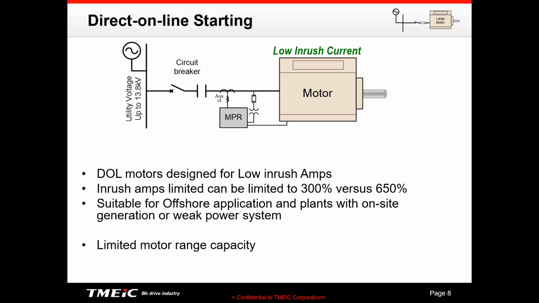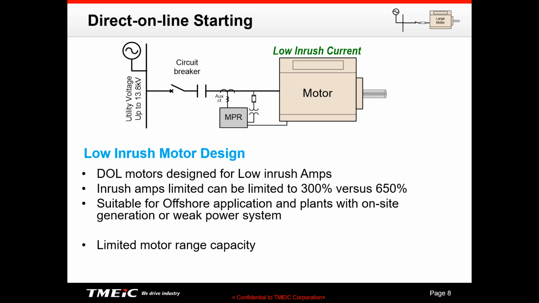Okay, so we talked about the standard motor for direct online starting. This is the same concept, but with a motor with a low inrush current. A typical motor has a 650% inrush, but low inrush current means we limit the current to 300 or 350%.